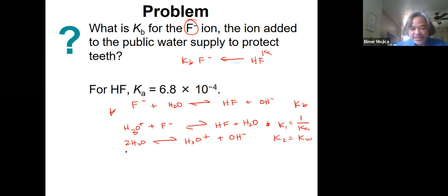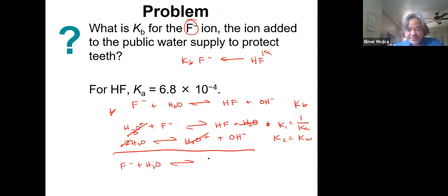And if we're going to add them, what can we cancel here? We cancel this. We cancel one of the H2O there. And you end up with F minus plus H2O producing HF plus OH minus. And that is your Kb, which is now equal to Kw over Ka.